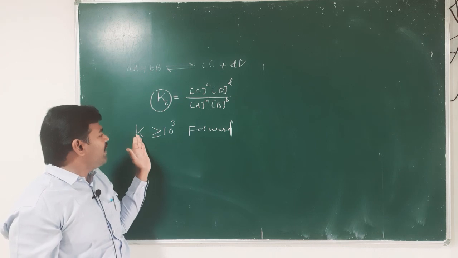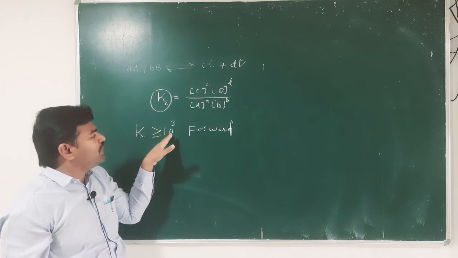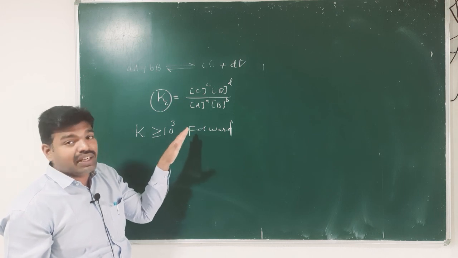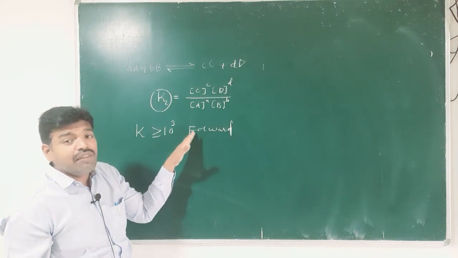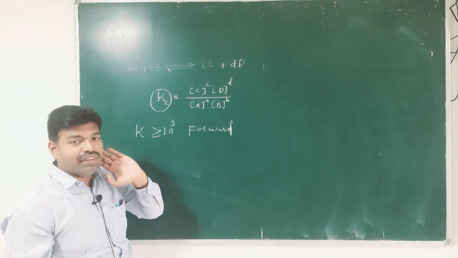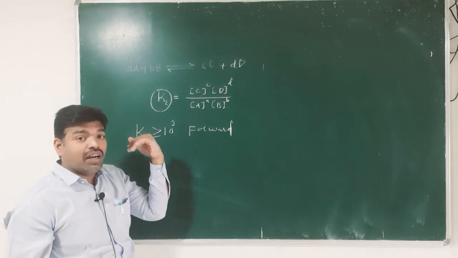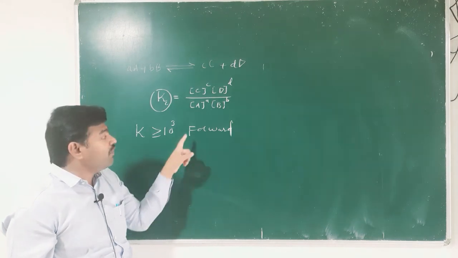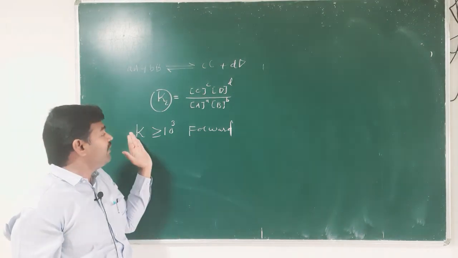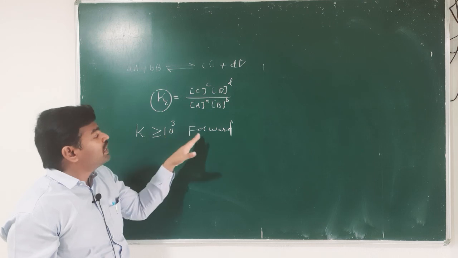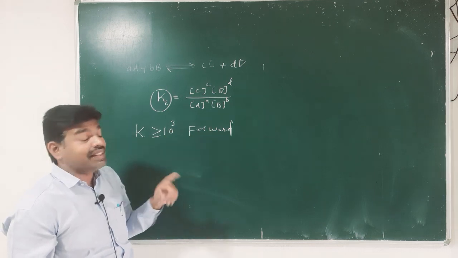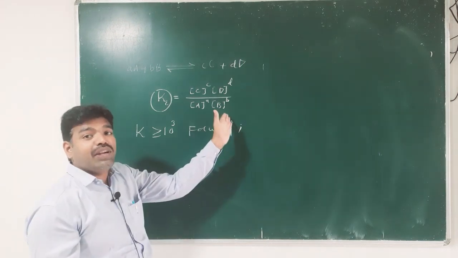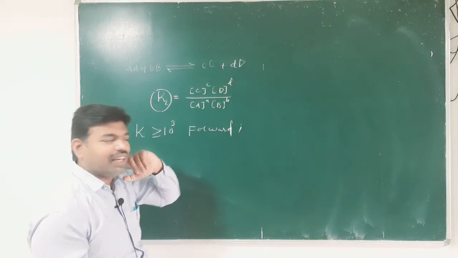So if the K value is greater than or equal to 10 cube, that indicates the forward reaction is favored and takes place to a greater extent. That means products are predominant over reactants, right?